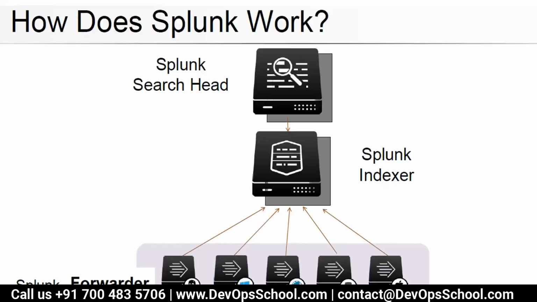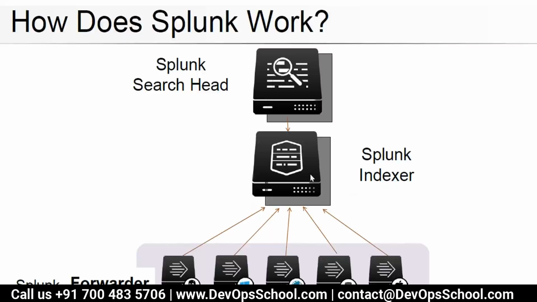We instruct the forwarder using configuration files. We ask it to monitor one file and send it to the Splunk indexer, or otherwise send the data to the Splunk indexer. So from thousands of forwarders, the data comes to the Splunk indexer, and it stores the data.